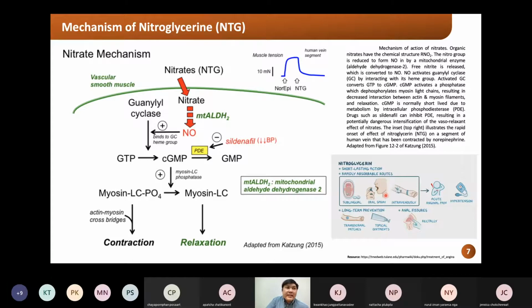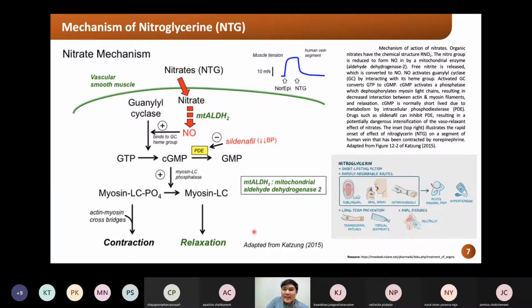If we provide more NTG, it will generate a lot of nitric oxide, and it will bind more to the myosin light chain phosphatase, causing more relaxation. Just remember this key point. I know it's a tough story.